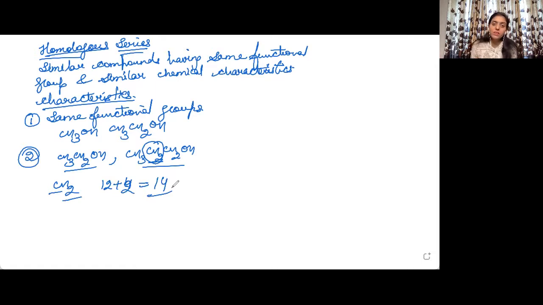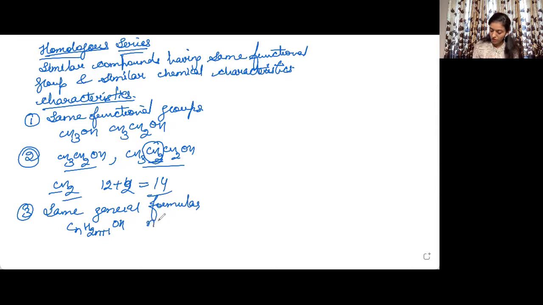Then next is they will be having same general formula. Again, I'm taking the example of an alcohol. So the general formula for alcohol is CnH2n+1OH. The n can be 1, 2, 3, and so on. Now, if we apply this formula to these two molecules, here n is 2 because 2 carbons are there.